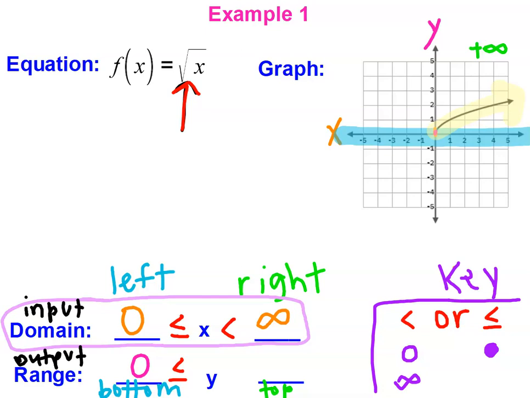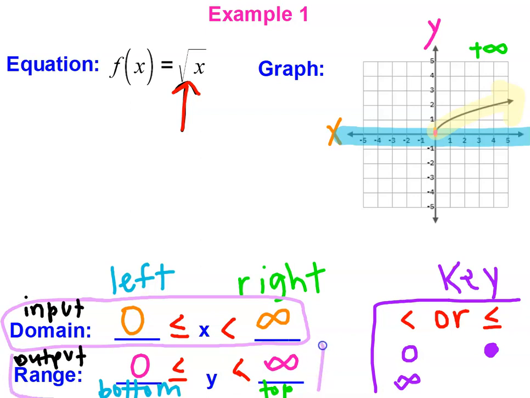So if I go back to our range at the bottom here, our notation, this guy is going to go up to positive infinity. Now we have to figure out what inequality sign to use. We learned that for infinity, you're going to use a less than sign because you can't include infinity. It's not a number. All right, so there you have it. You have your domain and your range.